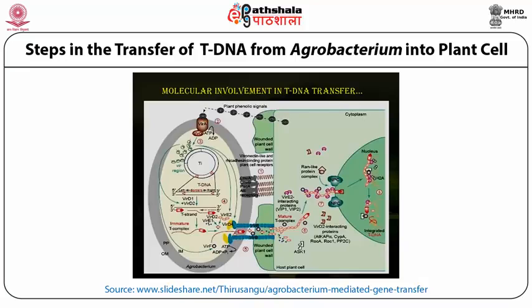These attachment protein molecules produced by the bacterium are coded by genes from the chromosome of the bacterium, chvB, etc. Also depicted in this picture are the plant interacting proteins inside the plant cell with Vir-E2 gene products, which coat the tDNA. These are the extra details present in this particular picture.